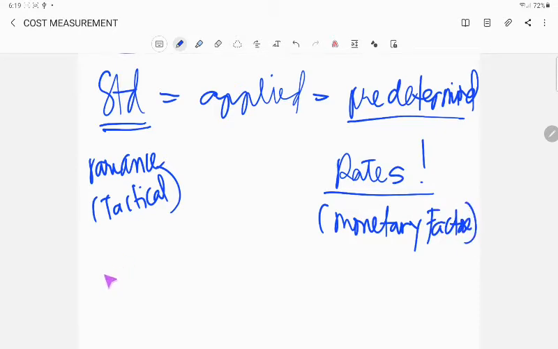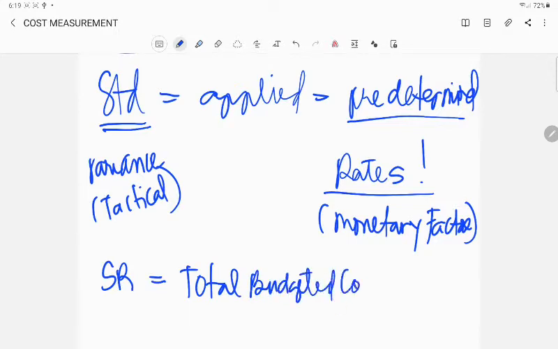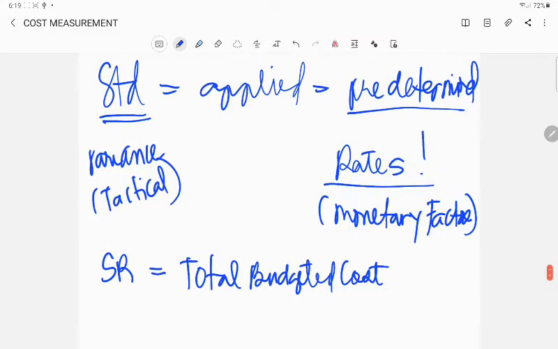So your standard rate or your applied rate or your predetermined rate is determined by total budgeted cost, okay, divided by total, ano yan? Ano sa tingin nyo? It should be the physical factor.